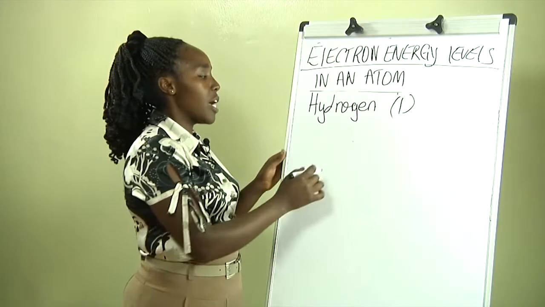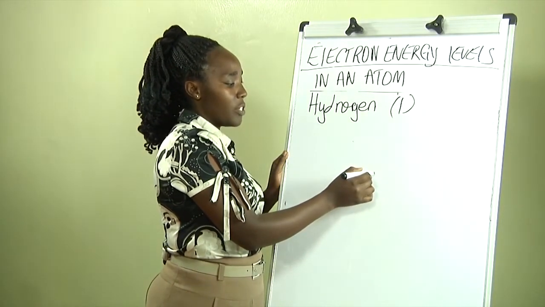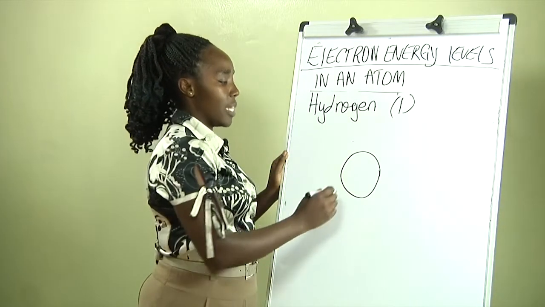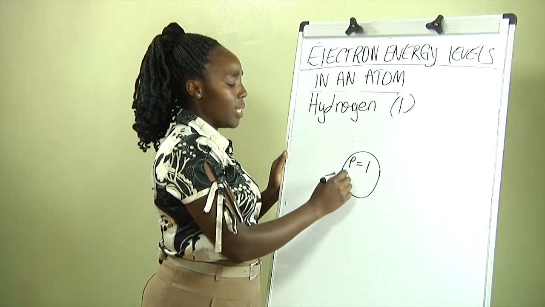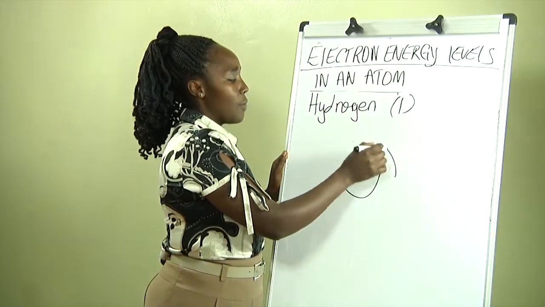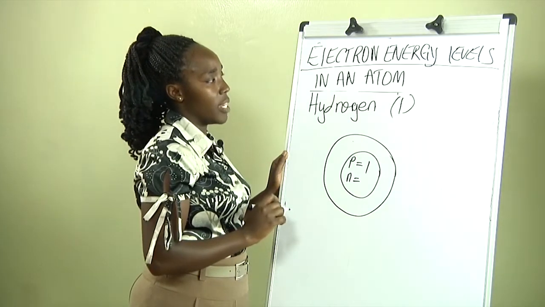Therefore, if I am going to draw the hydrogen atom in its atomic structure and show the energy levels, I am going to have my nucleus there. In the nucleus, I will have the proton number being 1. I will have the neutron numbers also. And I will have the energy shell, or the energy level.